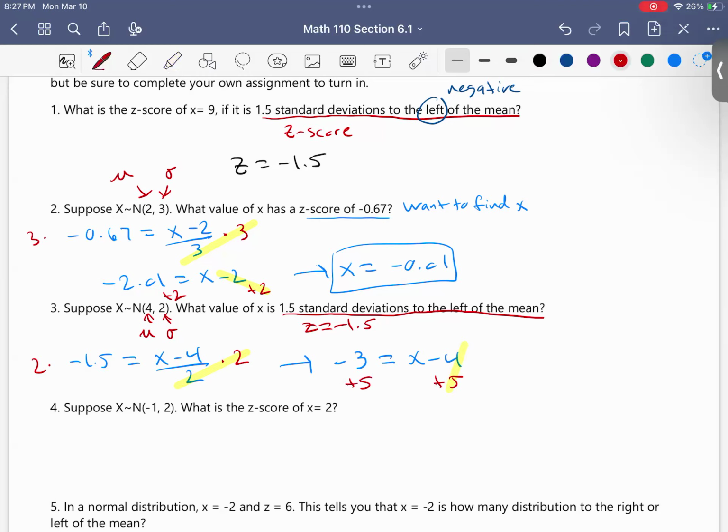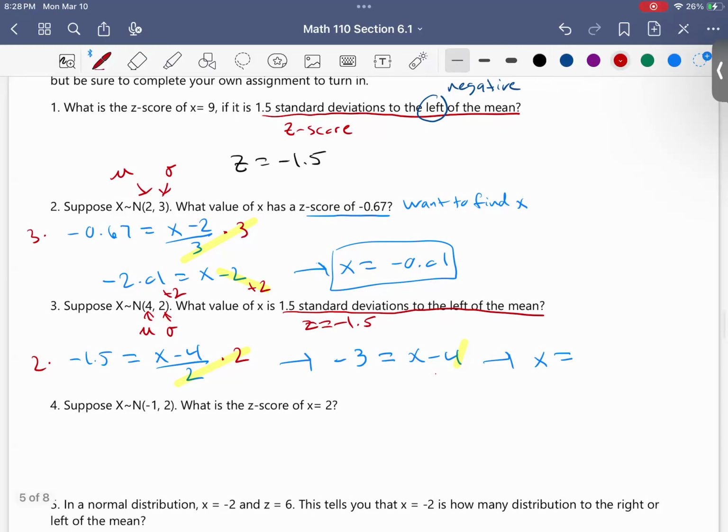And what I end up with is x equals, excuse me, I wrote plus 5. It should be plus 4. And so x is going to be 1. All right. So that's us solving for an x value.